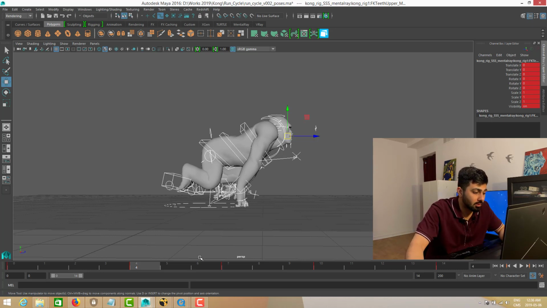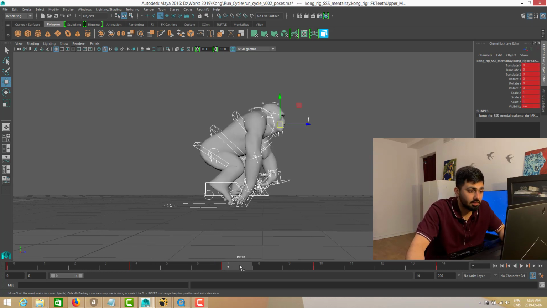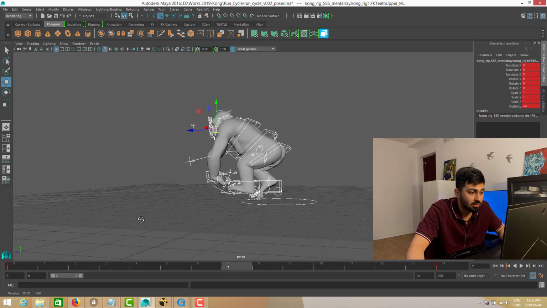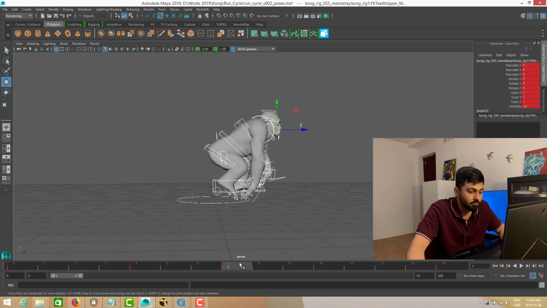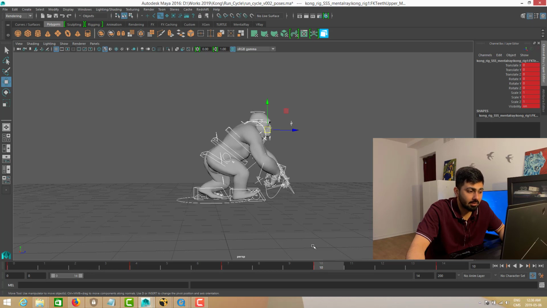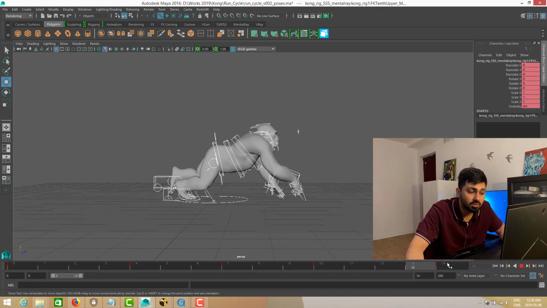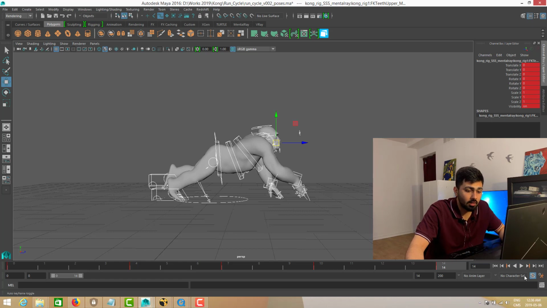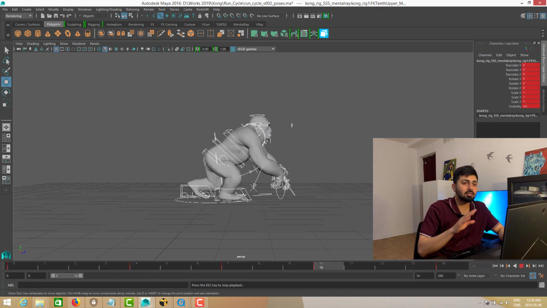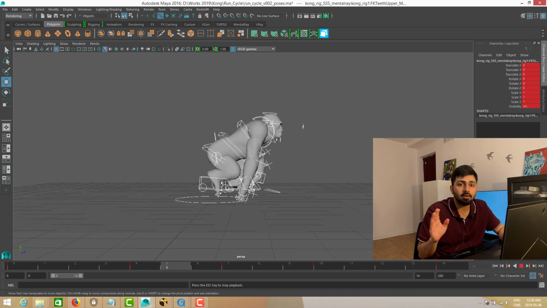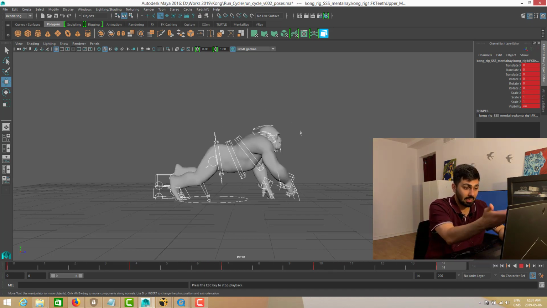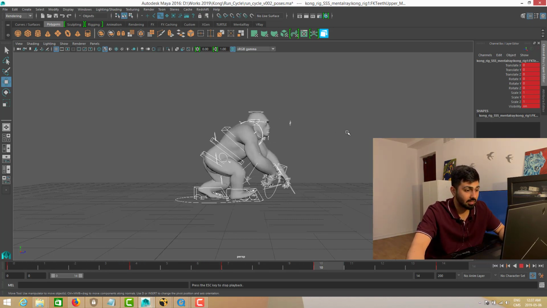On the third pose, on frame 7, he's completely squashed, and on frame 10 he landed his feet and he's ready to push himself into the stretch pose again. Don't think that just by making these 4 poses you will make a run cycle. Right now I have these 4 poses, but my run cycle is not looking good.